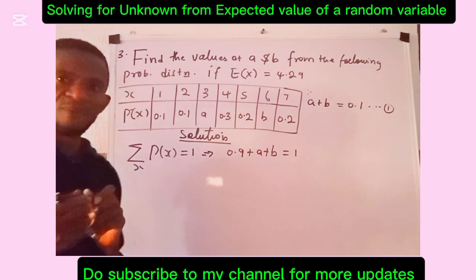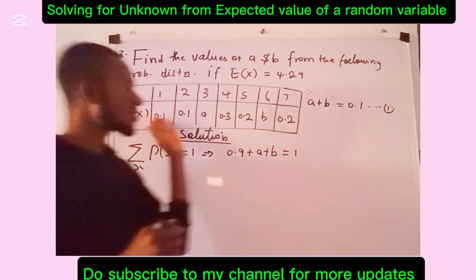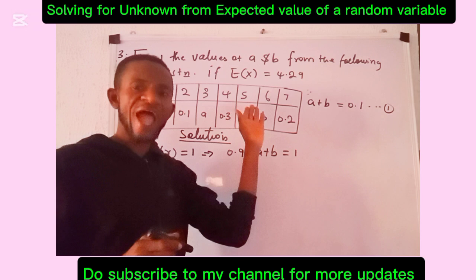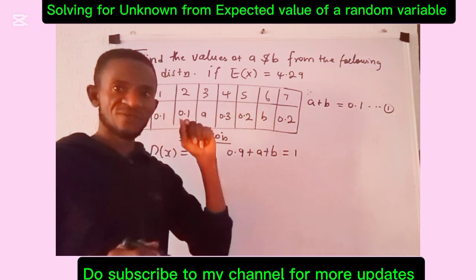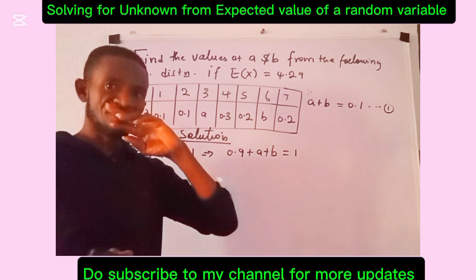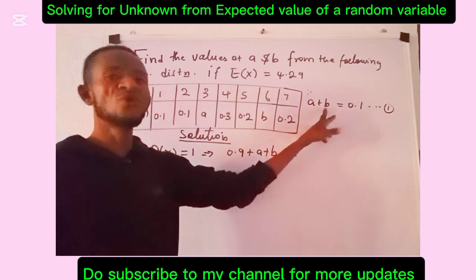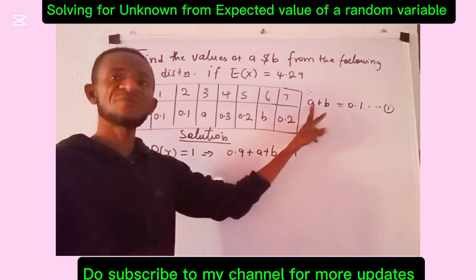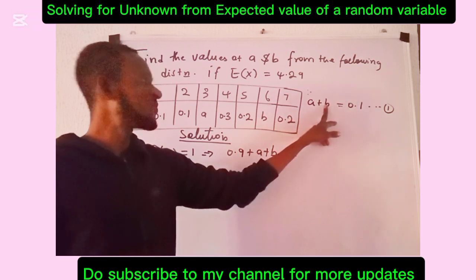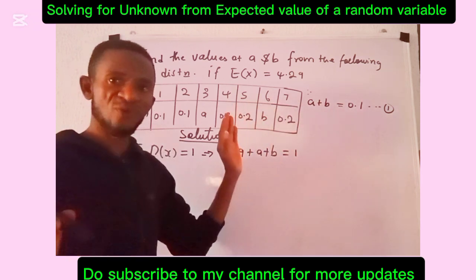Equation 1. Then I am done applying what I know that concerns the probabilities of the values of a random variable. But because there are two unknowns here, I cannot solve this equation in order to find the values of A and B. If it were only one unknown, I wouldn't have a problem.